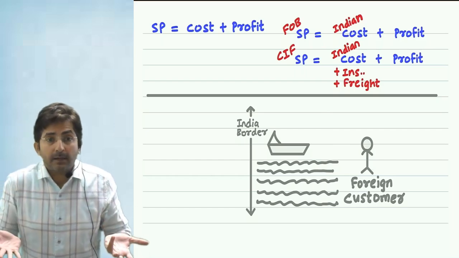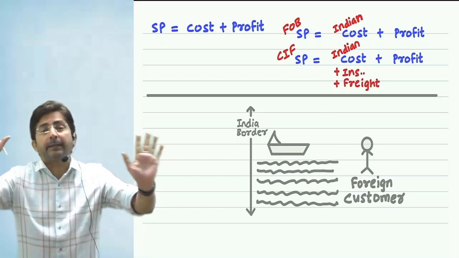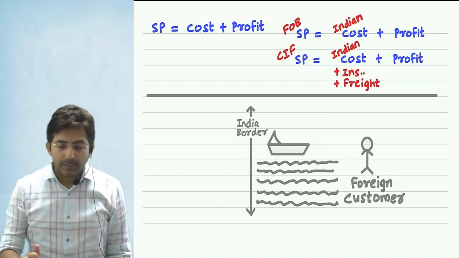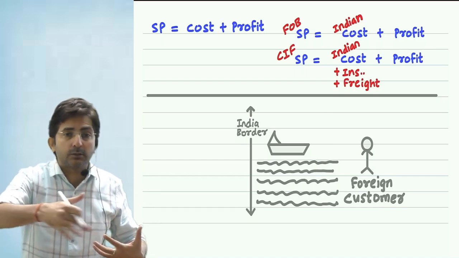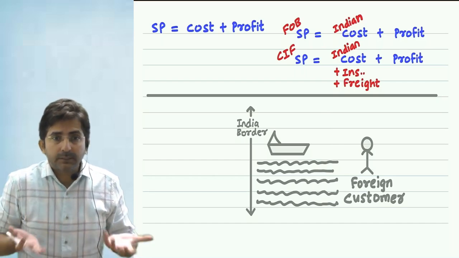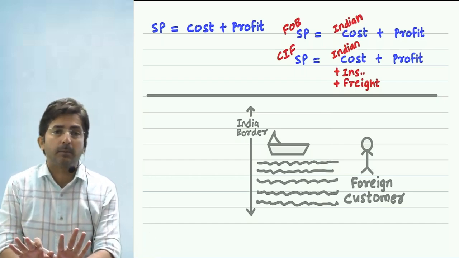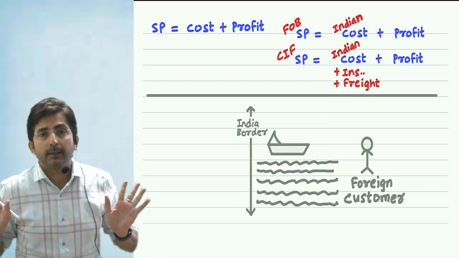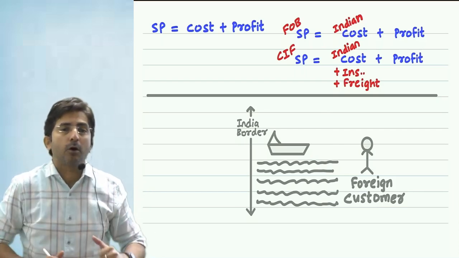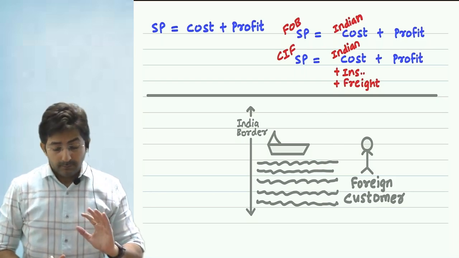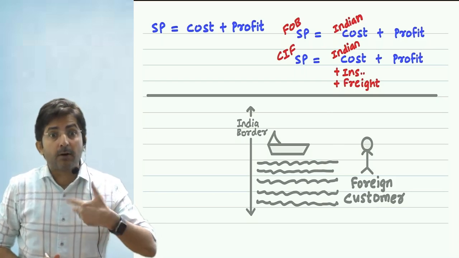Because I told my customer that once I board, I am free. So tell me, will my cost include freight and insurance of the transit? Obviously not, because I have already told my customer that that is not my responsibility. So if I am not bearing those expenses, that will not become my cost. But now imagine a reverse case.